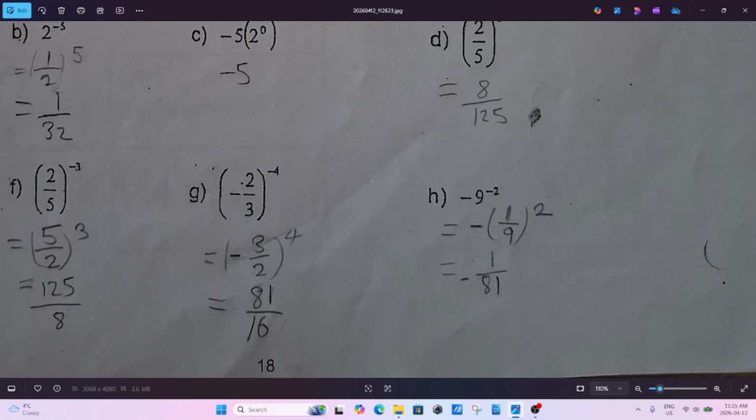Question H, -9 to the exponent -2 is just equal to negative. The negative is still there because it's outside of a bracket. Over 1 over 9 to the 2. So you get rid of the -2, you make it 2, then you reverse the 9, so you get 1 over 9 squared, which is equal to -1 over 81.